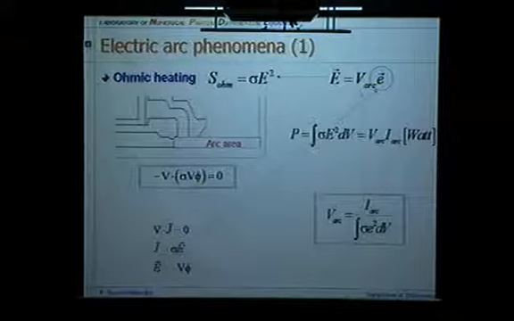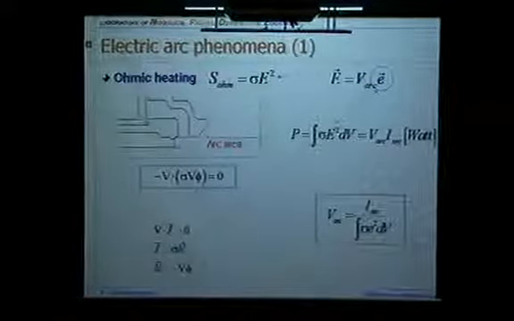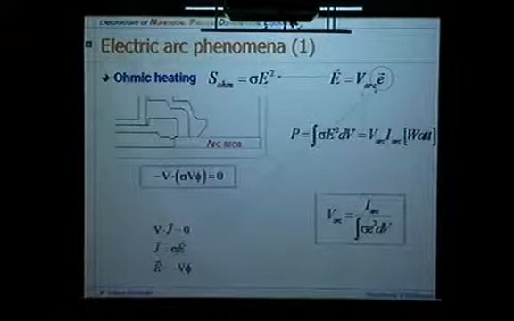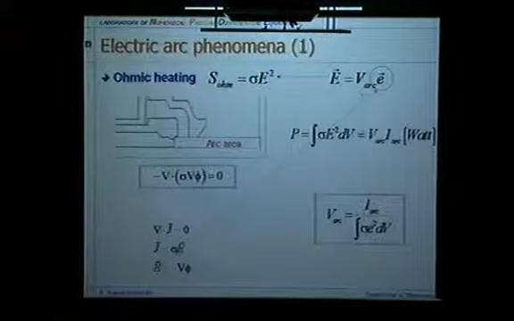Once we solve them, we can compute the current flux and the electric field E, and sigma E squared is the energy source. This is only heating, so it will heat our gas. It will come into our energy equation.